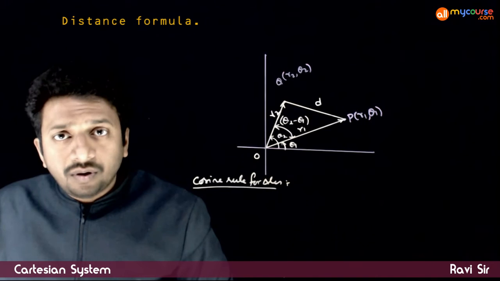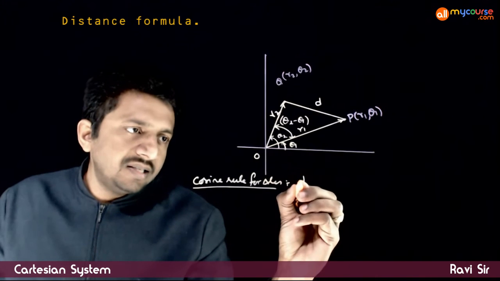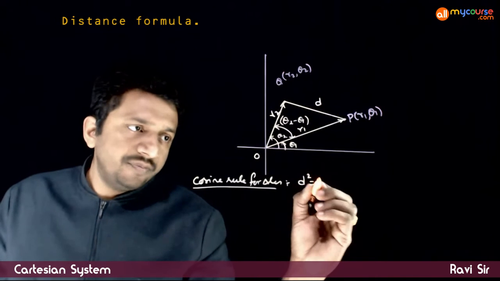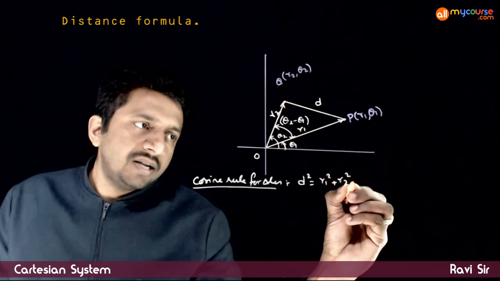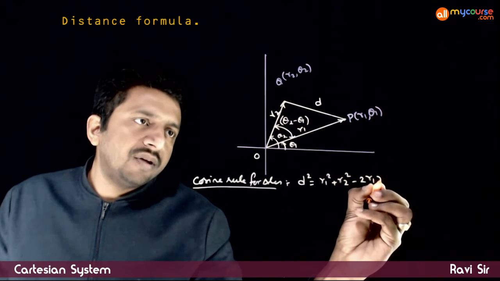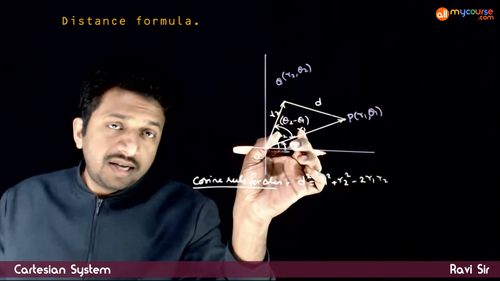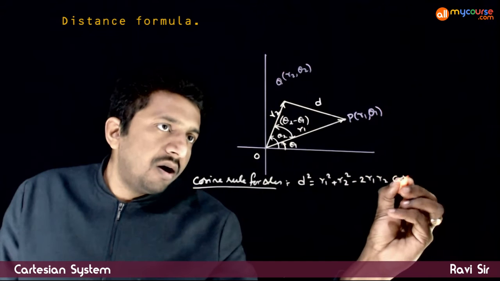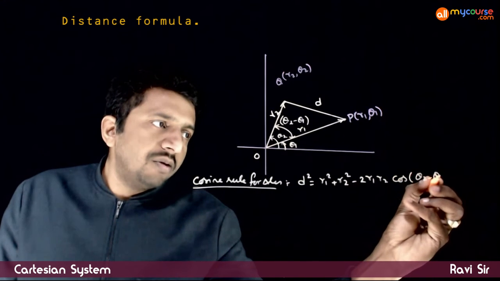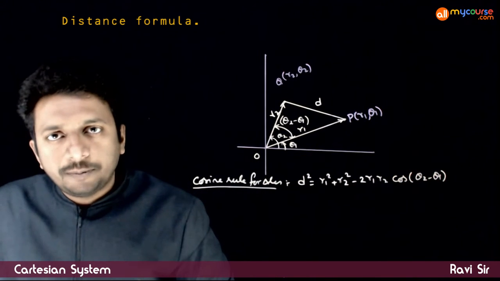So from the cosine rule for triangles, d square will be equal to r1 square plus r2 square minus 2 r1 r2 times cos of the angle between these two sides, cos of theta 2 minus theta 1.